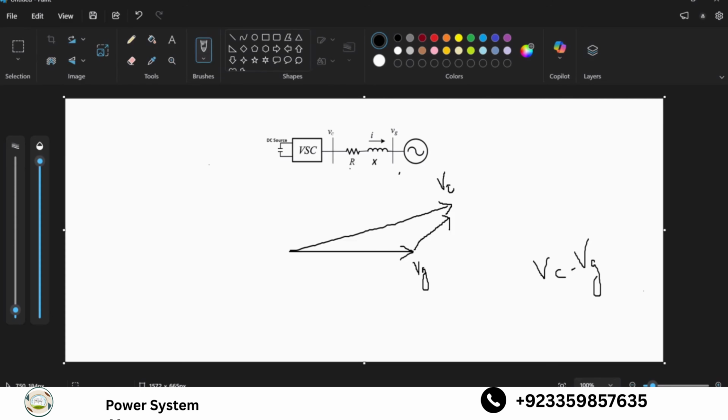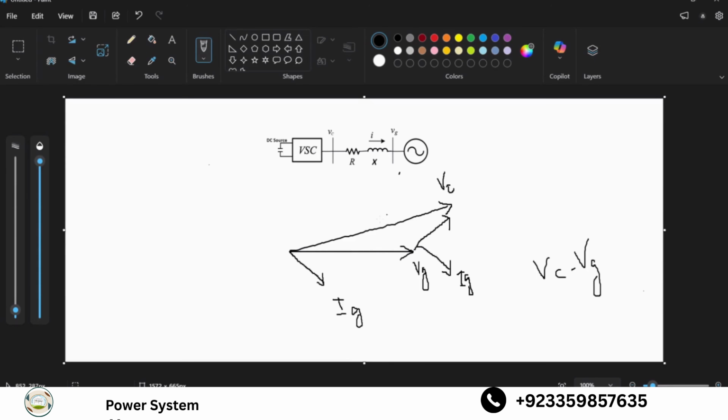So if R is very small, then the current in this branch is almost 90-degree lagging with respect to this voltage. So IG is like here. Let's keep it here. So this is my IG. I just brought this phasor diagram from here to here, so it's nothing special.